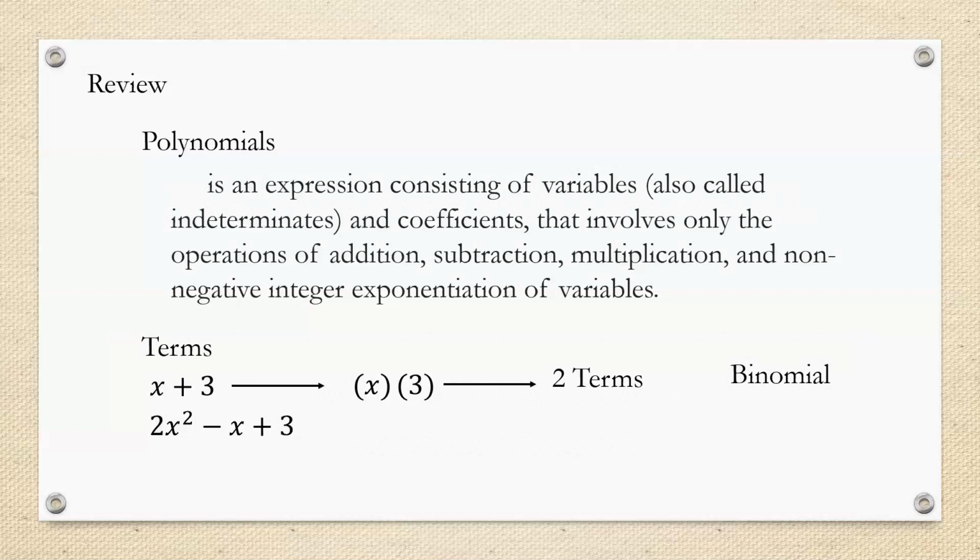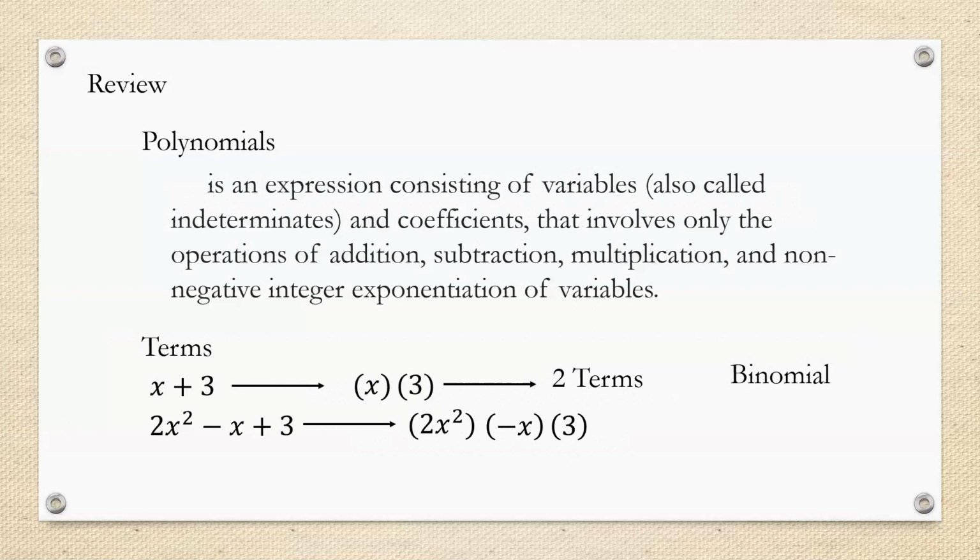Okay? So let's try to have the second polynomial. We have identified first 2x squared, negative x, positive 3. Sir, bakit yung negative x kino-consider? Kasi kinukuha natin yung sign, kasama siya sa pagdi-distinguish ng terms natin.